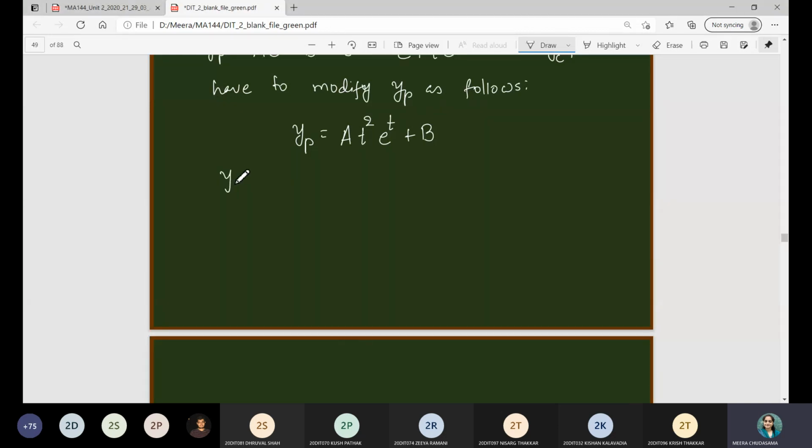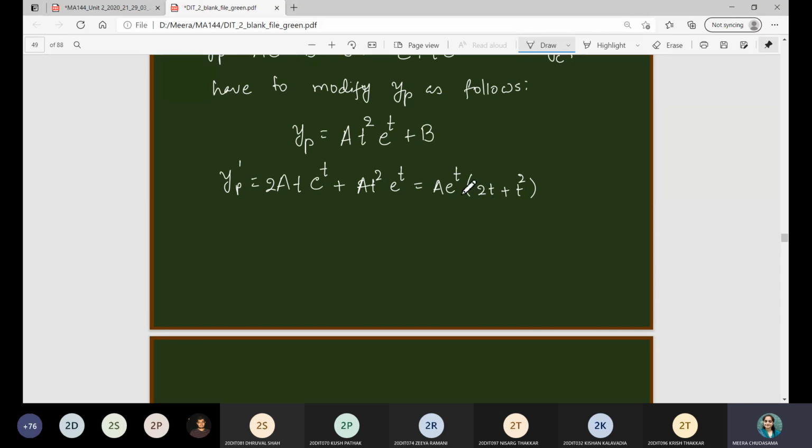And let us proceed here. Yp dash. So it is a t square, derivative is 2t e raised to t as it is, plus a t square as it is, derivative of e raised to t is e raised to t, and b is a constant quantity, so its derivative is 0. So you can see here a into e raised to t I can take common, so here it will be 2t plus t square.